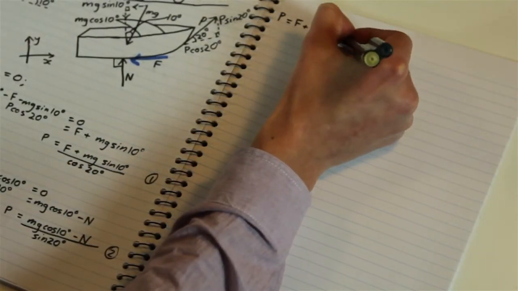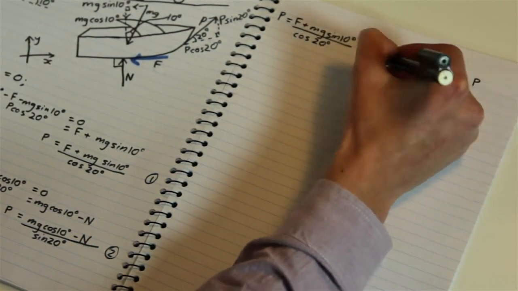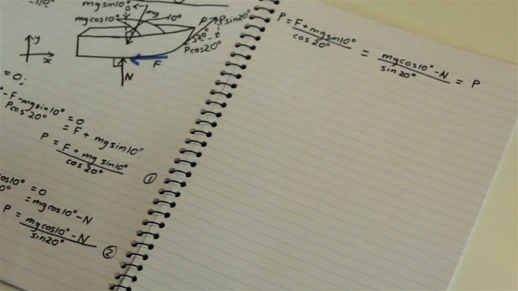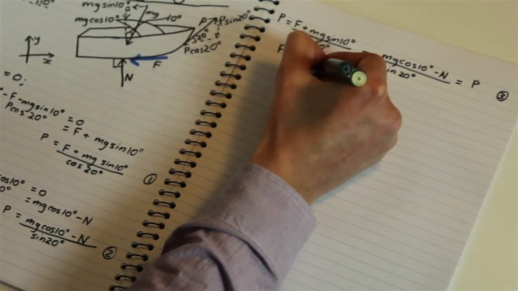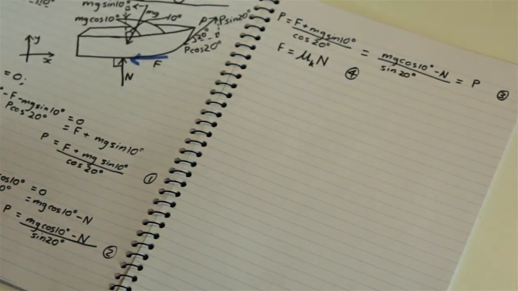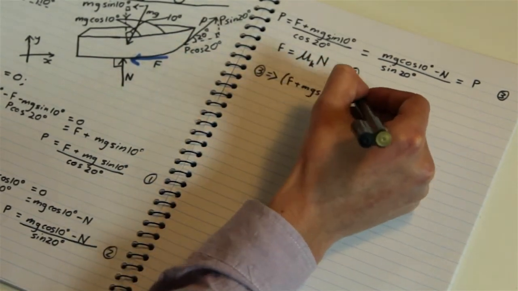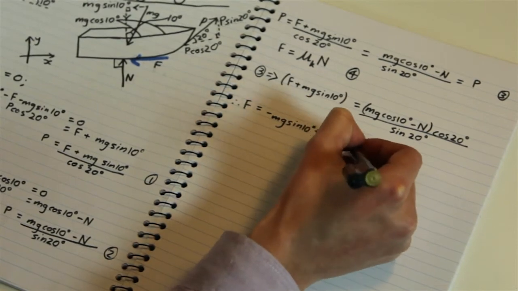Now, equations 1 and 2 are both expressions for the value of P, so we can equate them. There are only two unknowns here, F and N. We have a second equation relating these unknowns. Therefore, we can solve these two equations simultaneously, in order to find the values of F and N. Rearranging equation 3, we get an expression for F, which we can equate with equation 4.